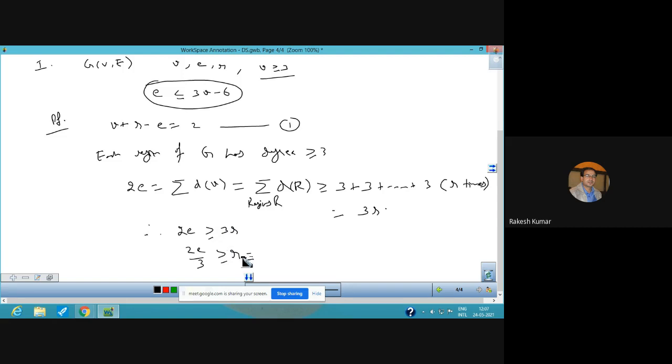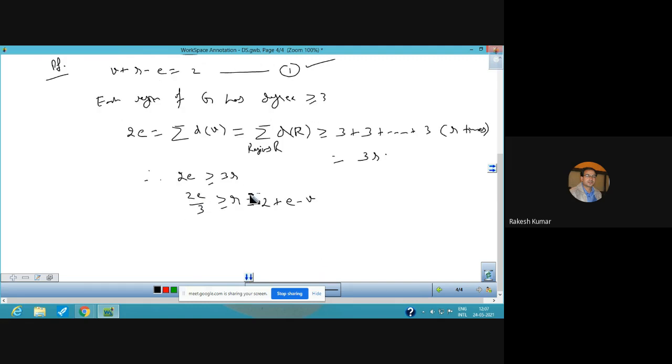And we know that the value of r can be calculated with the help of equation number 1, which will give 2 plus e minus v. So simplifying this a little, you will have 2e upon 3 is greater than or equal to 2 plus e minus v. So 2e is greater than or equal to 6 plus 3e minus 3v.